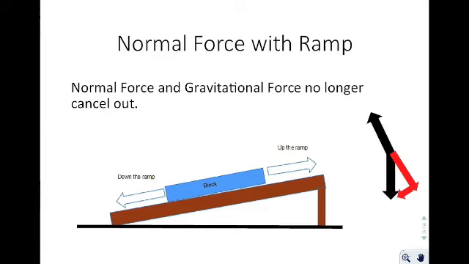So part of this normal force is not canceled out, and you're left with a force that ends up going down and to the left. So the normal force and gravitational force no longer cancel each other out, leaving a net force that allows a block to slide down a ramp without any sort of push or any other force.